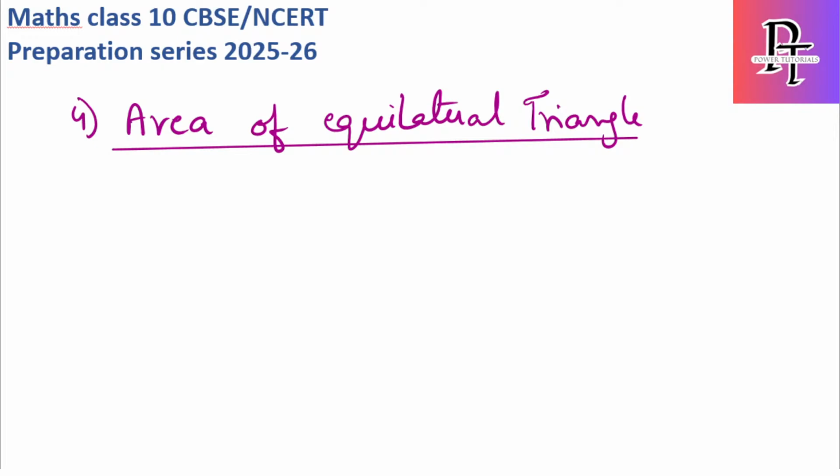Hope everyone knows what an equilateral triangle is. An equilateral triangle is a triangle where all sides and angles are equal. So the area of an equilateral triangle is root 3 by 4 a square.